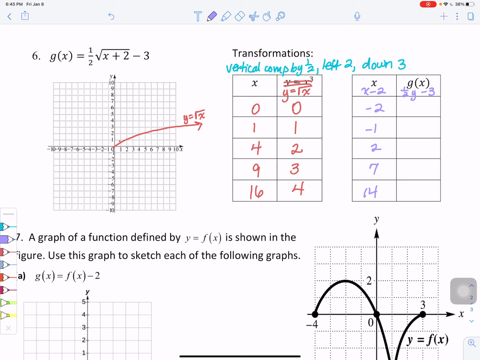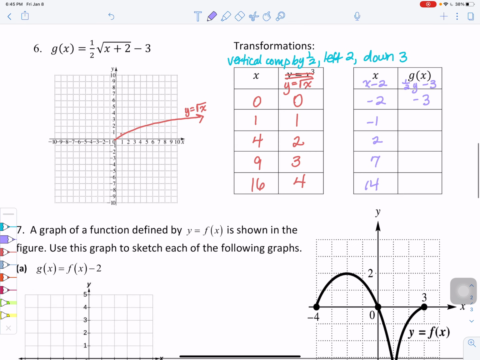And now let's take 1/2 of y and subtract 3. So we'll work with that 1 point. 1/2 of 1 is 1/2, and then when you subtract 3, you're going to be at negative 2.5. 1/2 of 2 is 1 minus 3 is a negative 2. And then let's go to 4. 1/2 of 4 is 2 minus 3 is a negative 1. So that's probably negative 1.5.